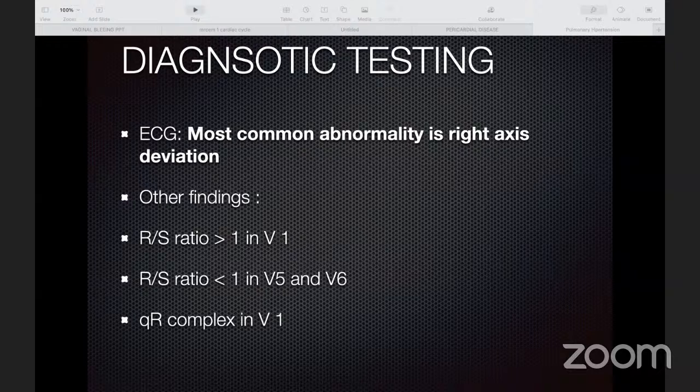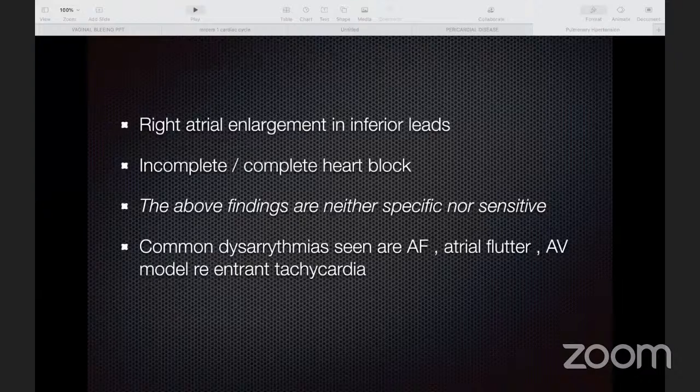The findings are: R/S ratio more than 1 in V1, R/S ratio less than 1 in V5, V6, a QR complex in V1, right atrial enlargement in inferior leads, incomplete or complete heart block. And these, as I've said, are neither specific nor sensitive.